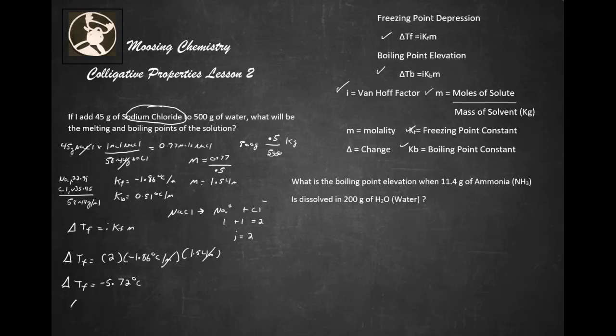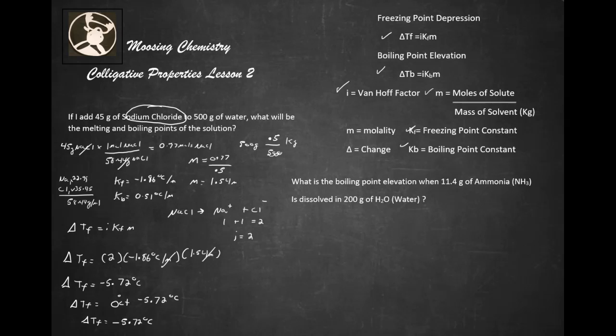So we go delta TF equals 0 plus negative 5.72 degrees C. So our new freezing point is actually going to be negative 5.72 C. That's our freezing point depression. So it actually turned out to be the same number.